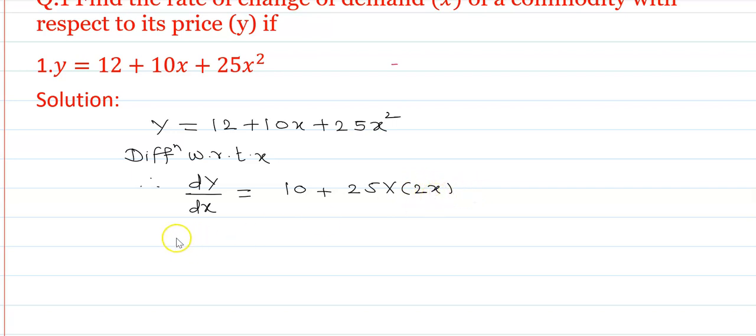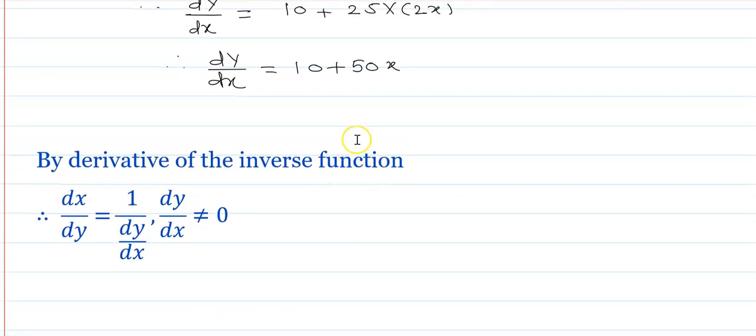Okay, and hence the dy by dx is equals to 10 plus 50x. Okay, now again by the derivative of the inverse function, dx upon dy is equals to 1 upon dy by dx, where dy by dx is not equals to 0.